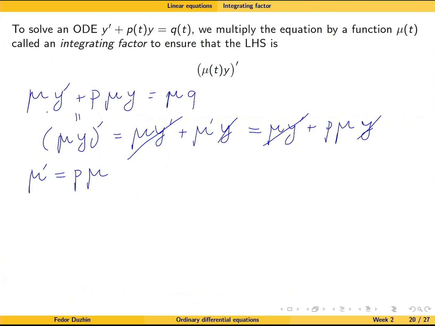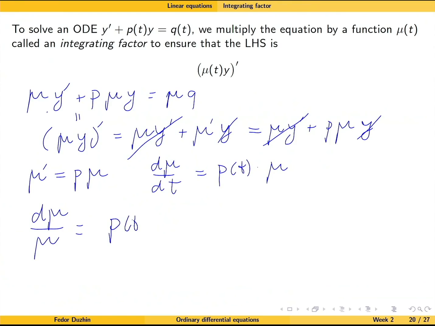And here there is another very beautiful trick, which is to notice that this is a separable differential equation in its own right. We can write it as d mu dt equals p, a function of t, times mu. Now we just separate variables and integrate. So d mu over mu equals p of t dt.